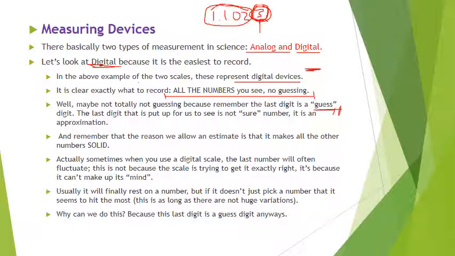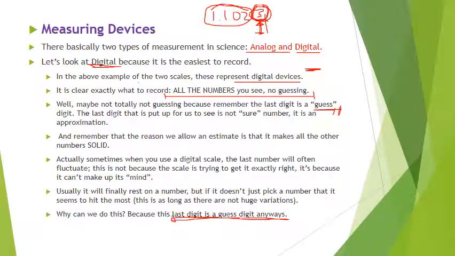You just say, I think it's a 3, and that's absolutely okay, because that's in fact what the scale is doing. The scale is not perfect. The last digit is always going to be like, I give up. I can tell you it's 1.102, and I think it's 3, but it could be a 4 or it could be a 2.